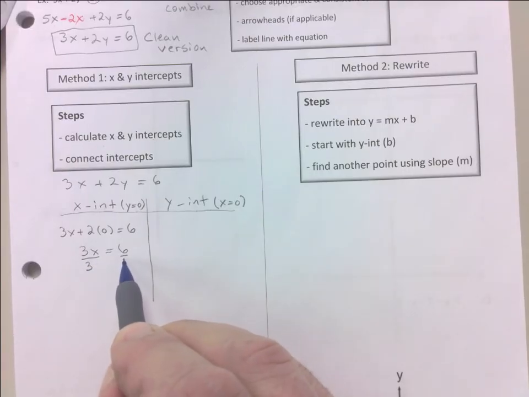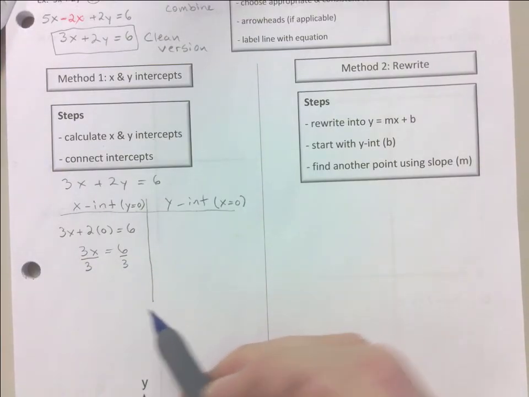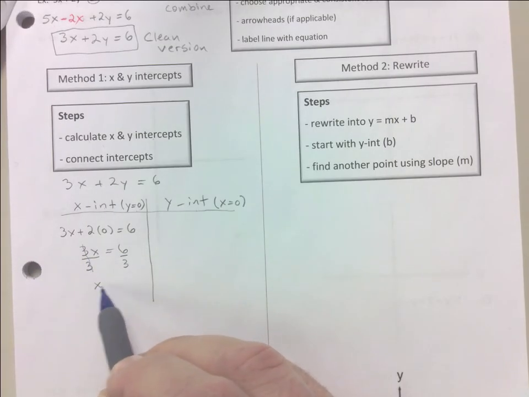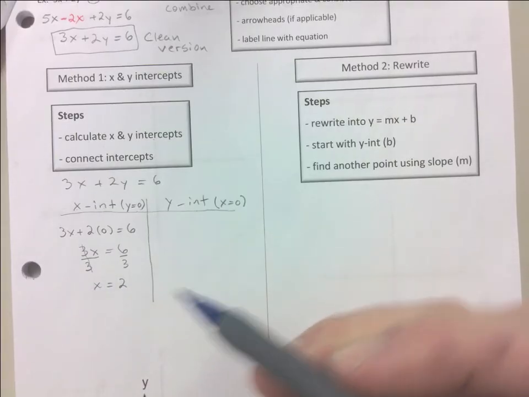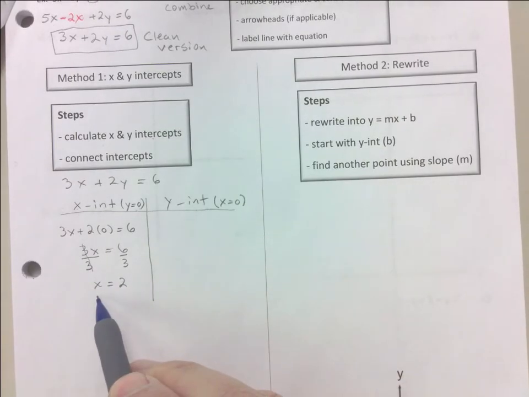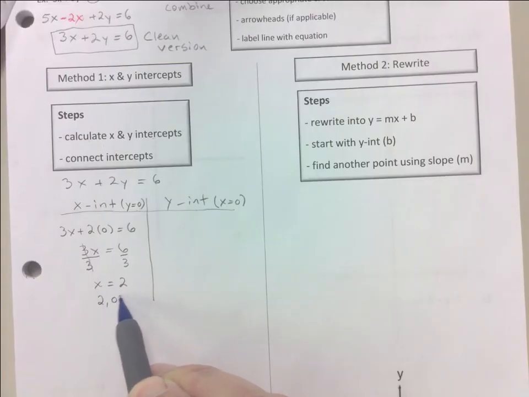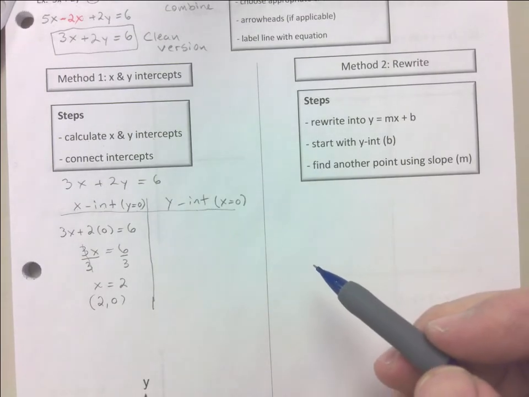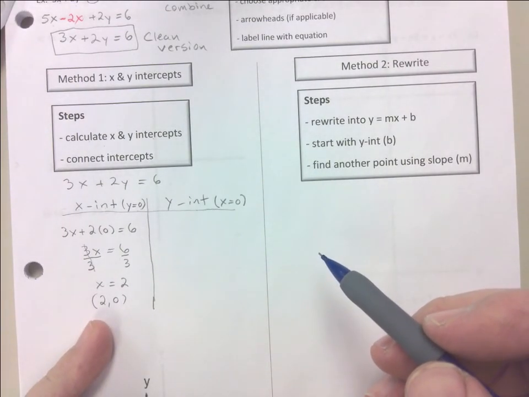You divide both sides by 3, because we want to get rid of this. X is equal to 2. So you now found that the x-intercept is (2, 0). That is the point where the line is going to cross the x-axis.